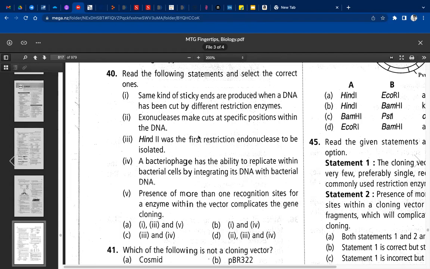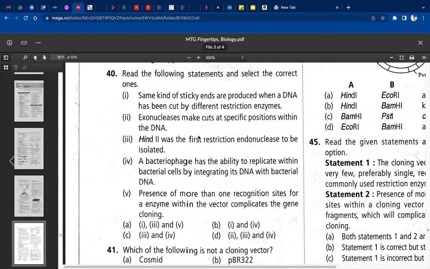If the enzyme is ligase, that again helps the cloning. But if that enzyme whose recognition site is more than one is restriction endonuclease, then it's a problem. Because restriction endonuclease is not the only enzyme playing a role in the process of gene cloning, correct? Do you understand, Atif and Donna?